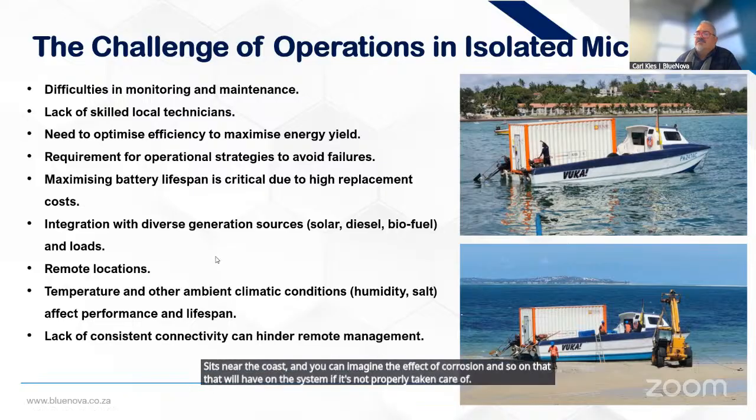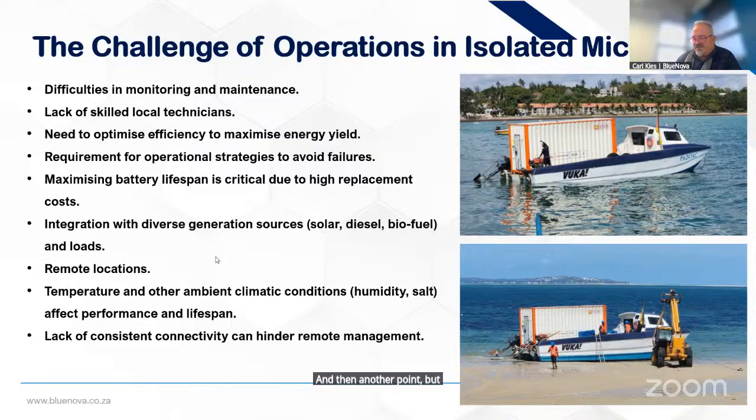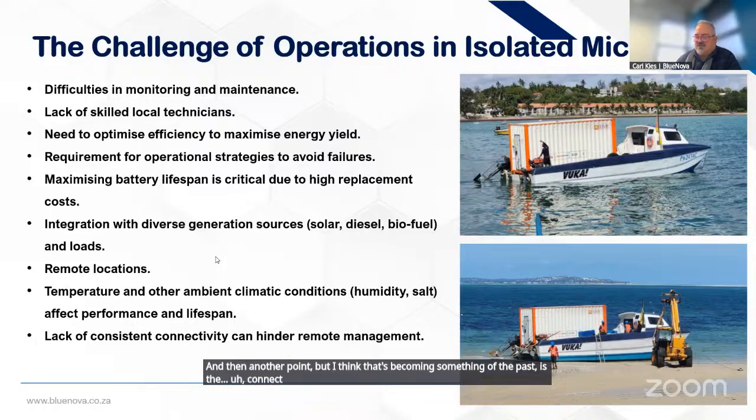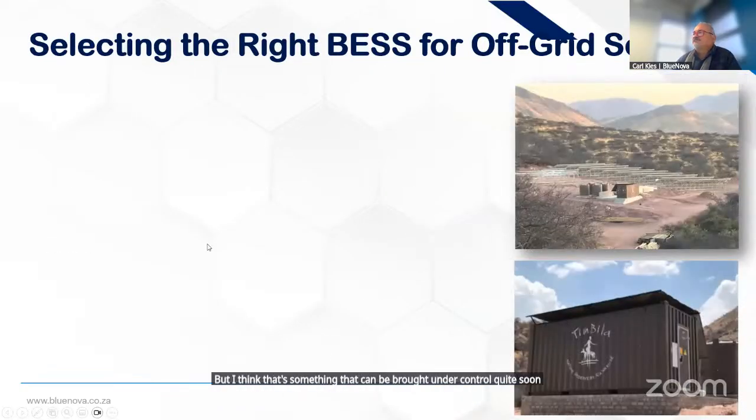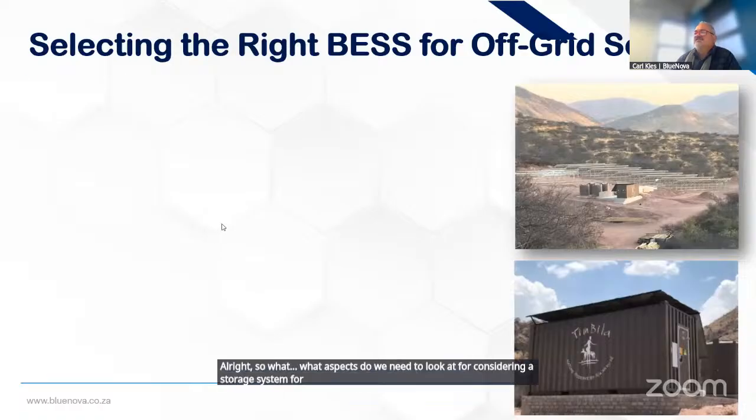And then another point, but I think that's becoming something of the past, is the connectivity issues that can hinder remote monitoring and management. But I think that's something that can be brought under control quite soon. All right, so what aspects do we need to look at for considering a storage system for off-grid settings?